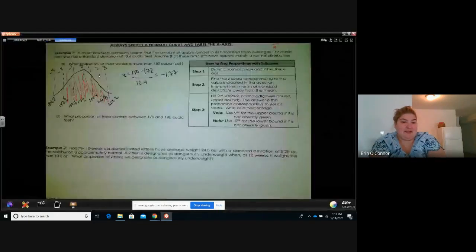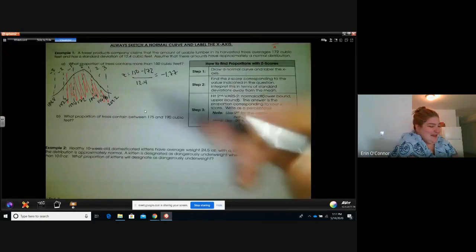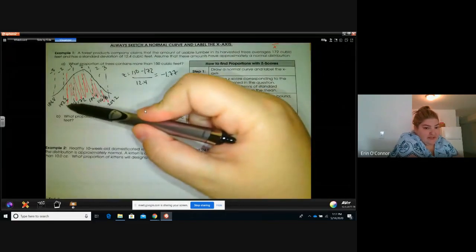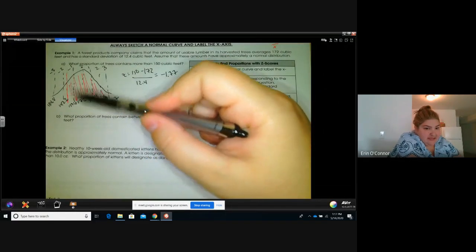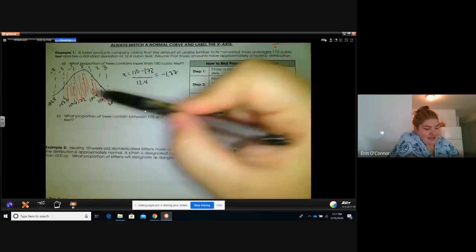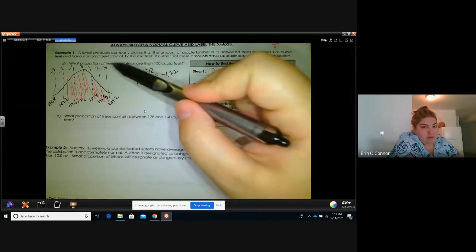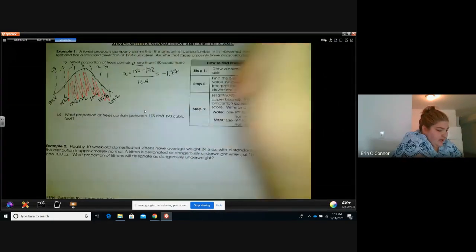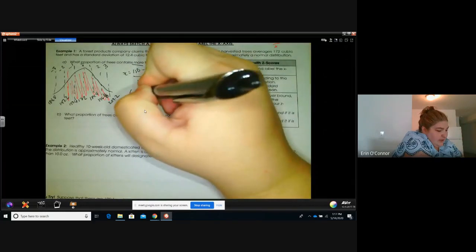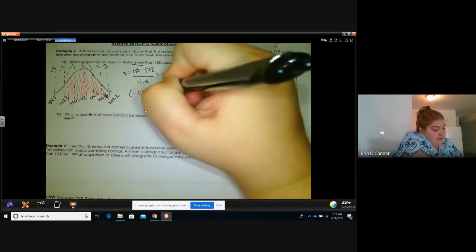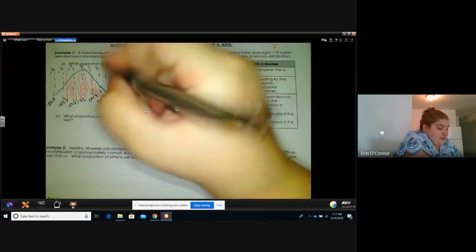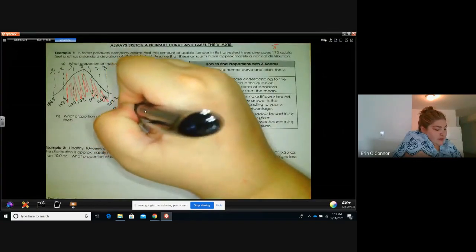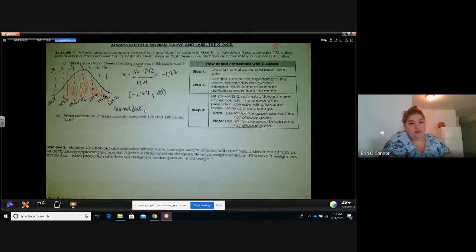Now, this is where it gets interesting. I need everything from negative 1.77, which is right here. That's that z-score, and above, because I need to go everything up. Proportion trees contain more than. So I need to go from negative 1.77 to infinity. And this is going to be a normal distribution.